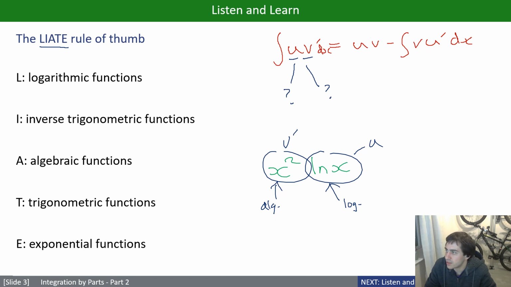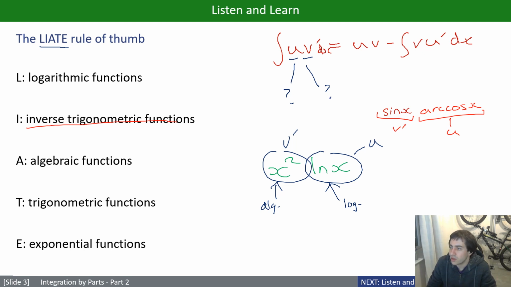Or if I had, let's say, sine x times arc cos x. Oh, I don't like writing -1, let's call it arc cos. But you get the idea, hopefully. So in this case the inverse trig function is higher in the priority list, so make that your u and make the other your v dash.